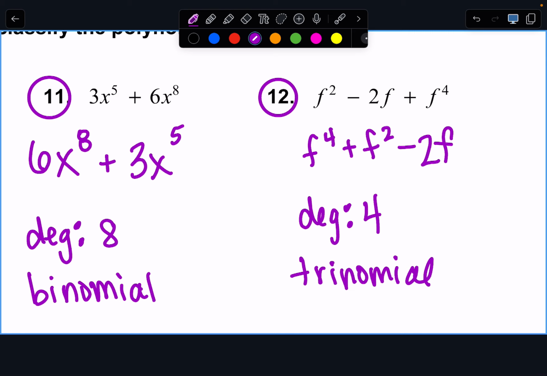Okay, so from here, over the course of today and tomorrow, you need to be able to add, subtract, and multiply polynomials. So we're going to start with the easy, add and subtract.